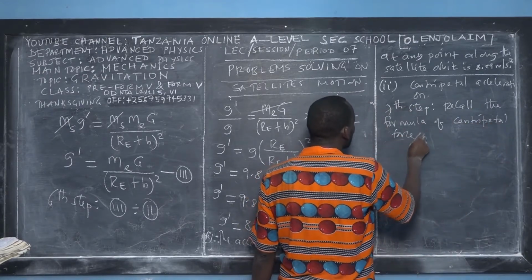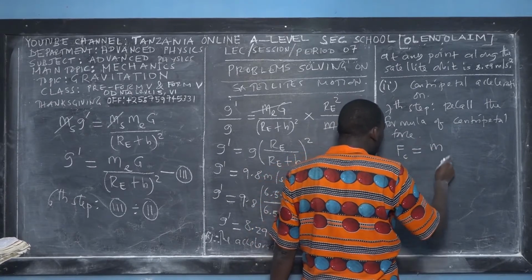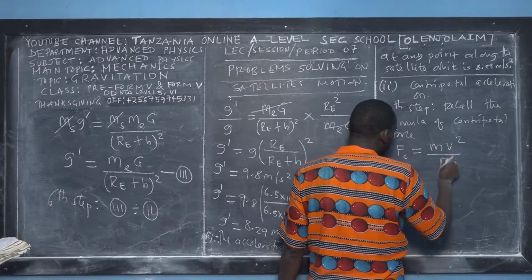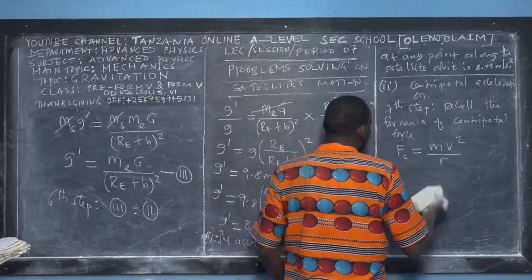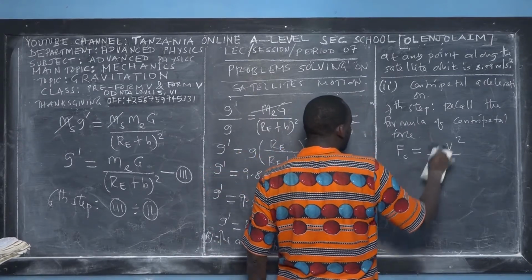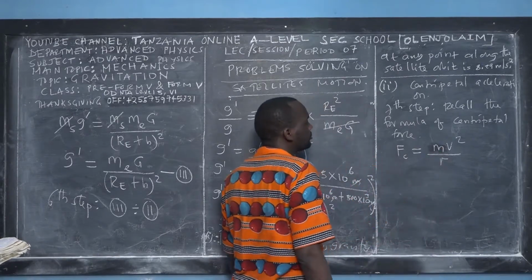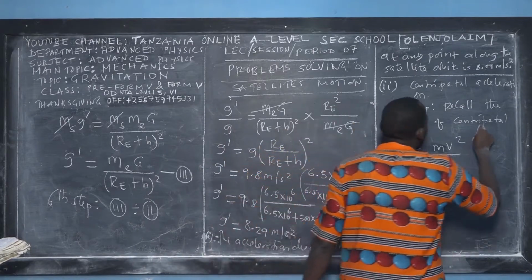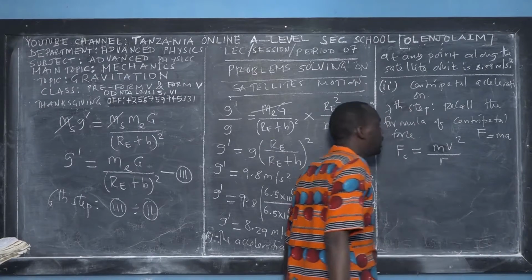With the formula of centripetal force, we say that this is mass times velocity square over radius. Remember that the satellite is the one that will be providing the centripetal force. So that's the force. But also remember from Newton's second law of motion, we say that force is equal to mass times what? Acceleration.